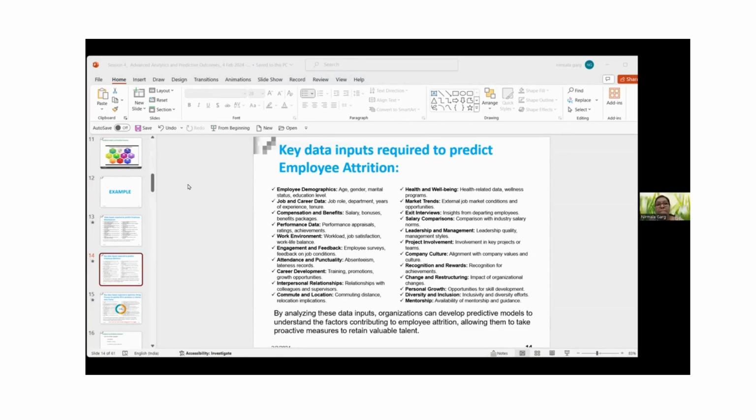But if you want to really predict absenteeism to a certain extent, you have to look at department by department, and look at certain variables and see if there is any correlation. So you have to take some historical data, say from January to December.